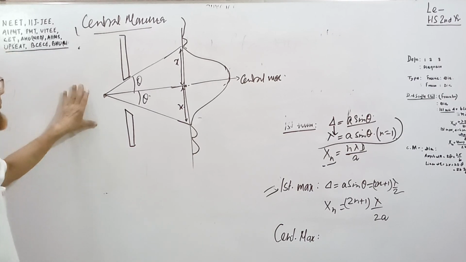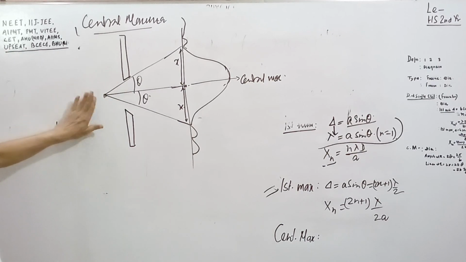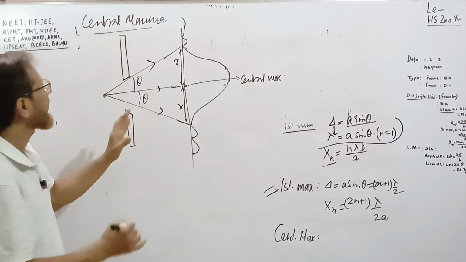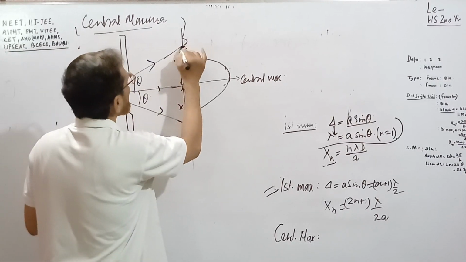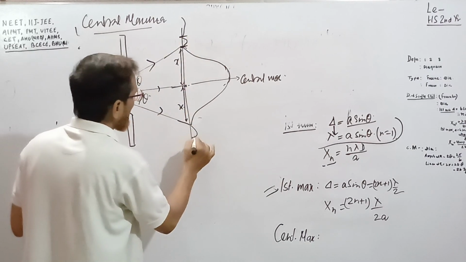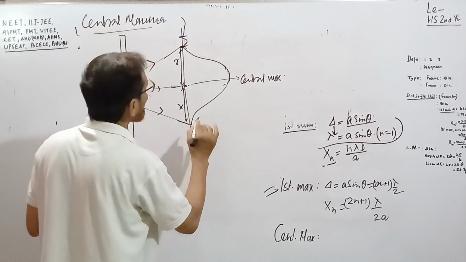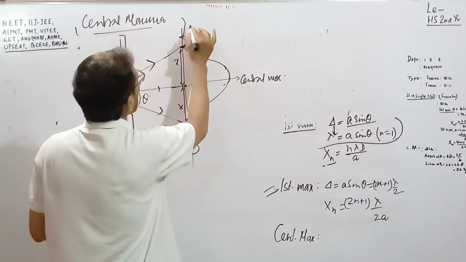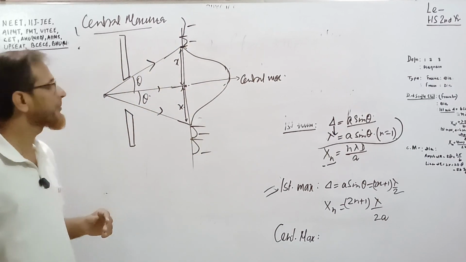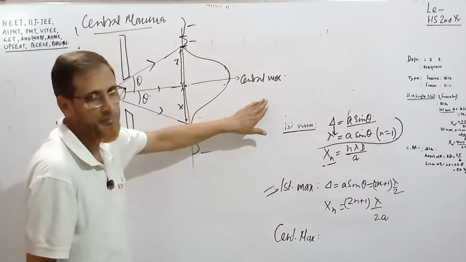So here we have assumed the source, and from this source the diffracted light is in this way. So we have got the first minima, second minima, first minima, second minima, and first maximum, second maximum, first maximum, second maximum, and this is the central maximum.